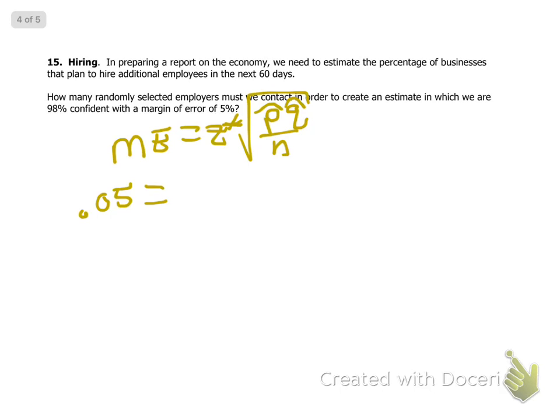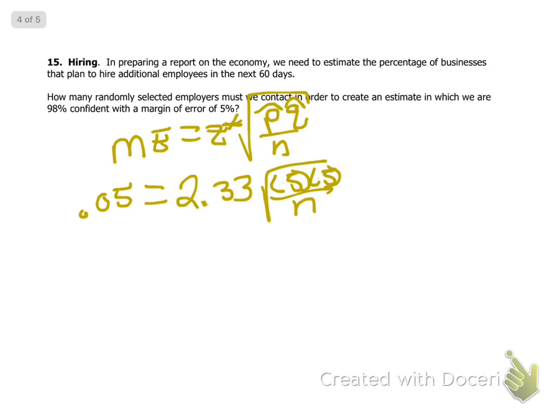So 1 minus 0.98 divided by 2 is 0.01. So I go to the inverse norm of 0.01, and I get 2.33. Now remember, when we don't have p hat, we're going to use 0.5.